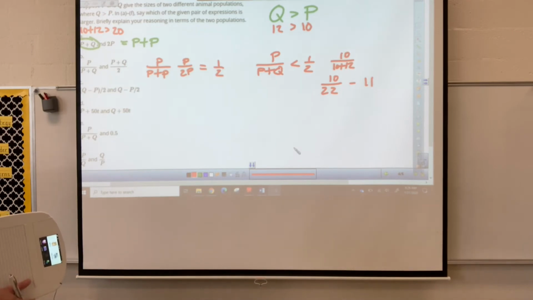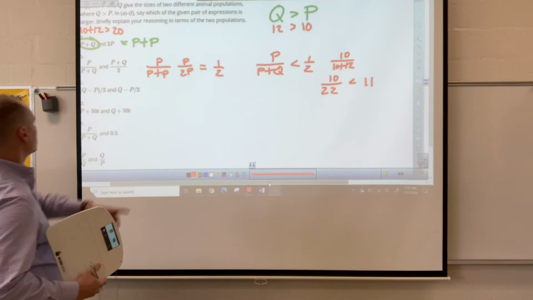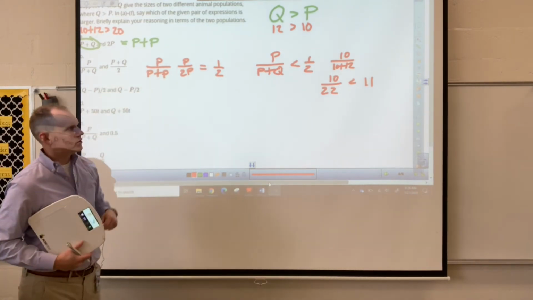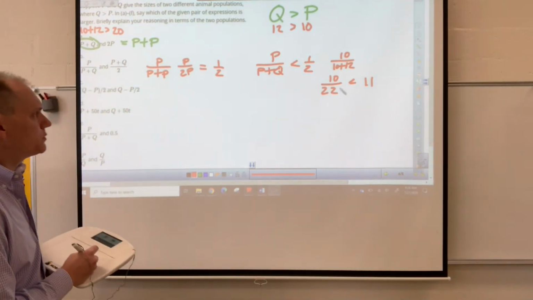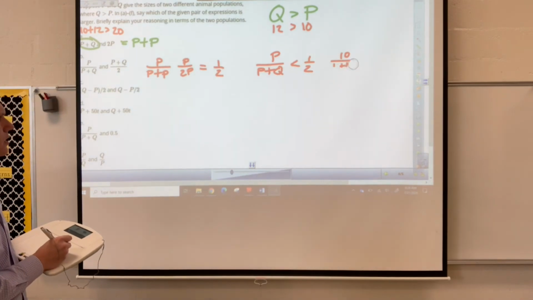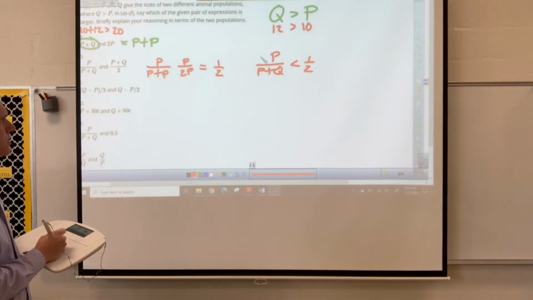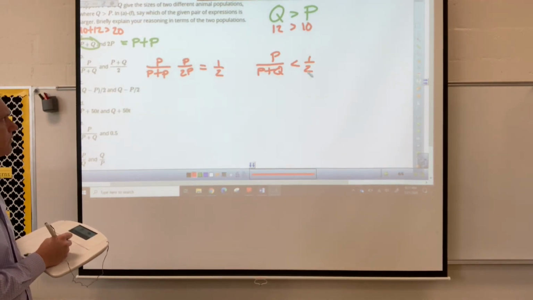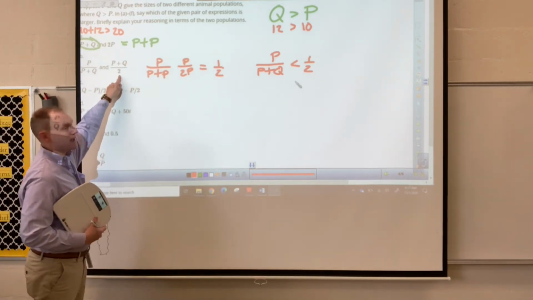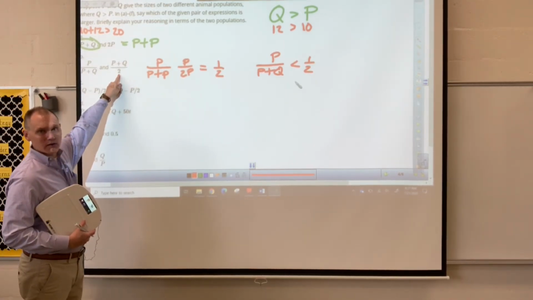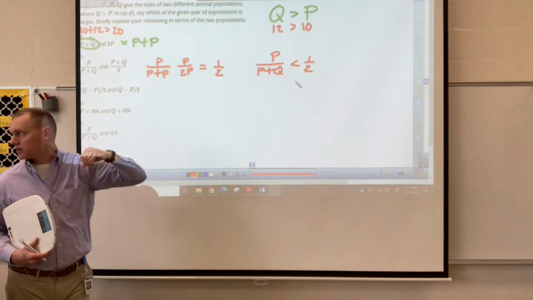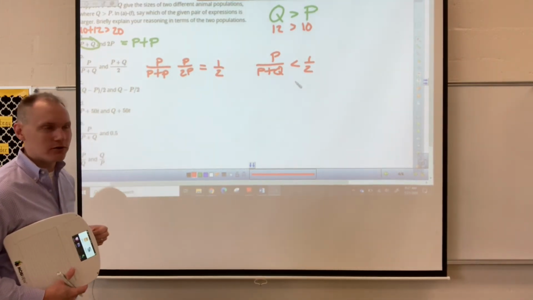Okay, so which one's greater? Obviously the right expression, this one here, is going to be greater. And that will always be the case. Because let's go back to our p's and q's here. If we know that this fraction is less than 1/2, this fraction represents the average of p and q. If you add the two numbers and divide by 2, you're going to get the average of p and q.